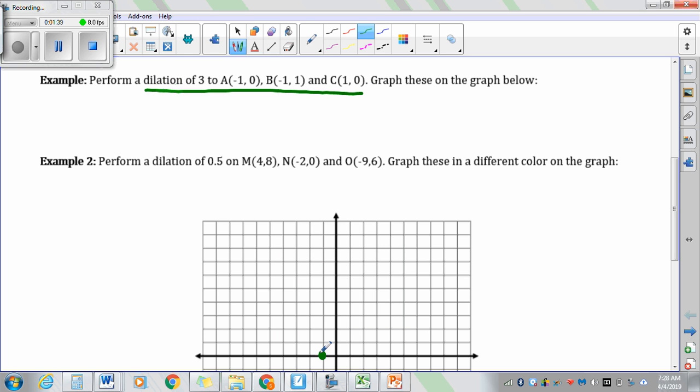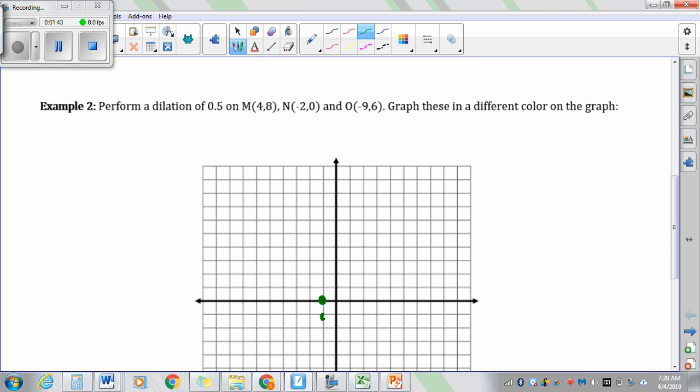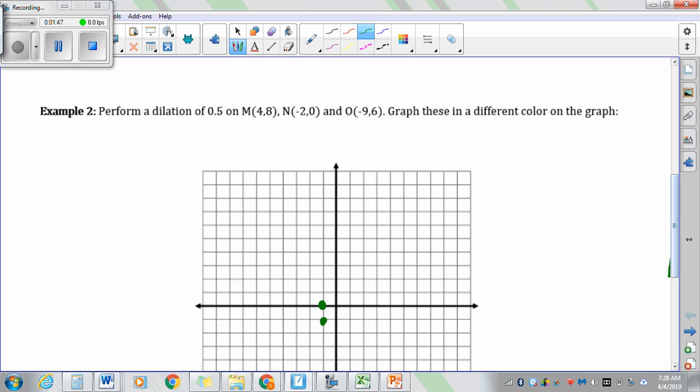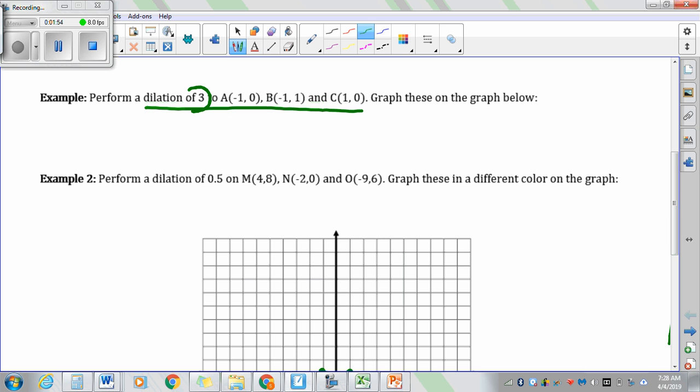So here's my A. B is -1, -1, which is here. And C is at 1, 0. So I'm taking this triangle and I'm going to dilate it by 3. I'm going to take everything and multiply by 3.